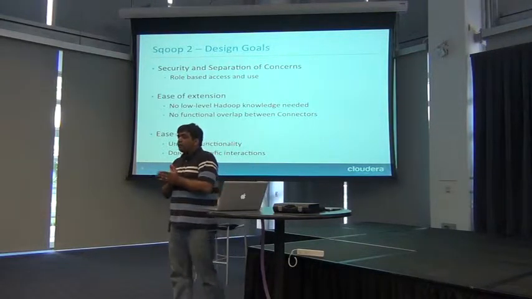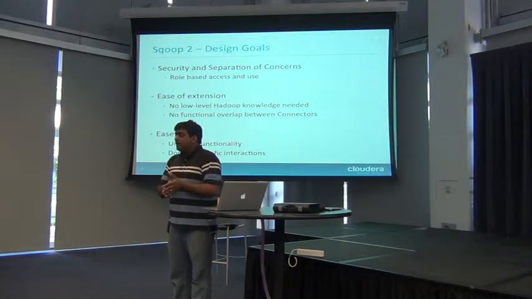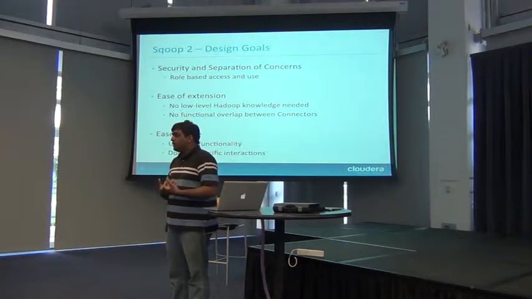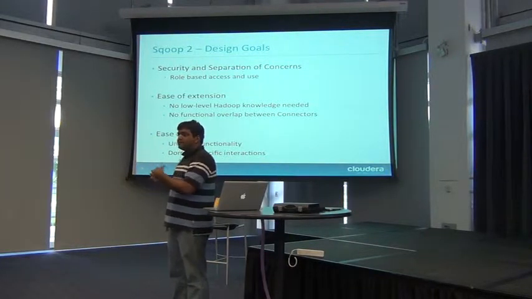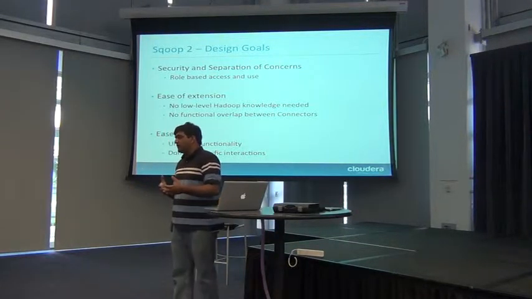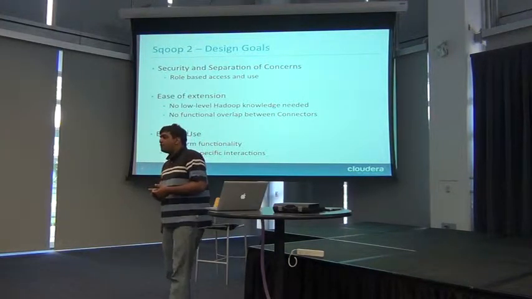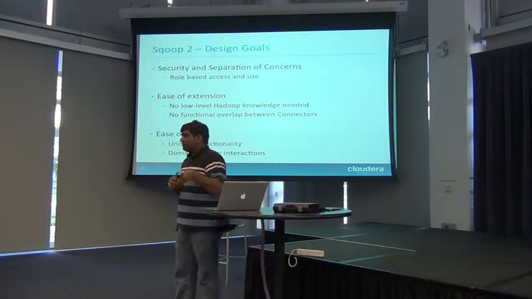You basically wanted to say, hey, user A is an admin, he can create connections to databases, he knows the passwords to connect to databases and all that. And everyone else is a simple user. He can access these connections, but he can't create new ones. He can submit a job saying, read from this table, but he cannot actually say, okay, connect to this database, because he doesn't have access, he doesn't have the passwords.